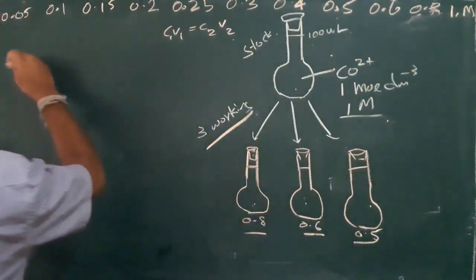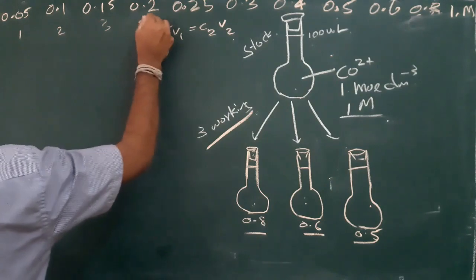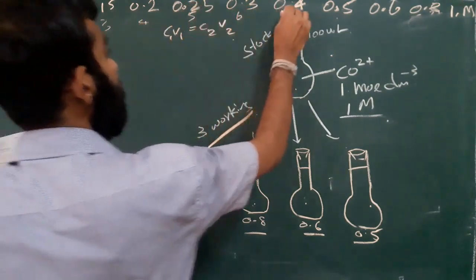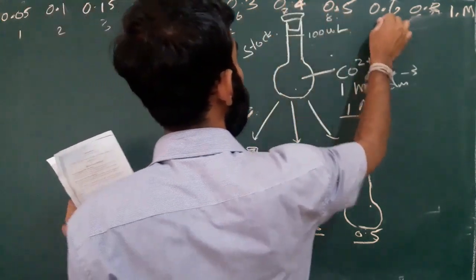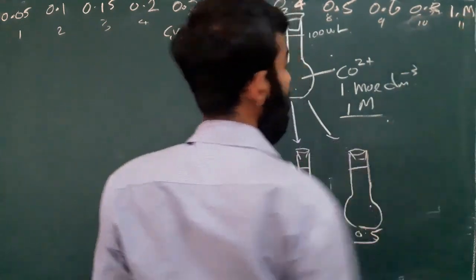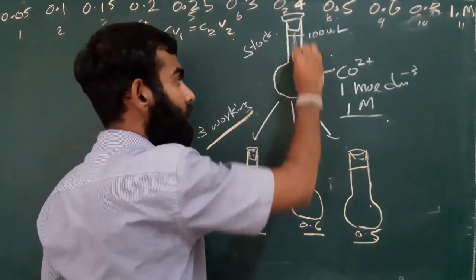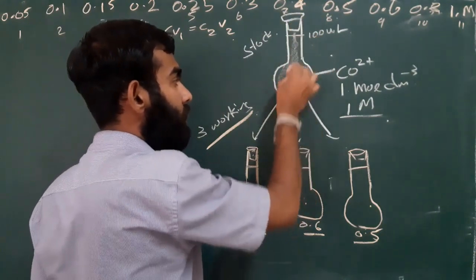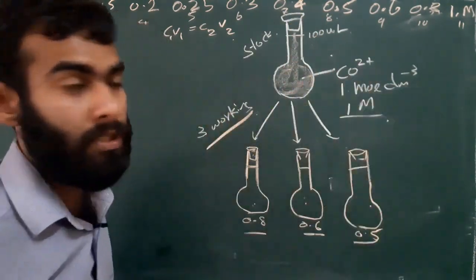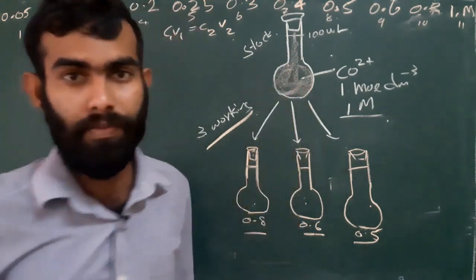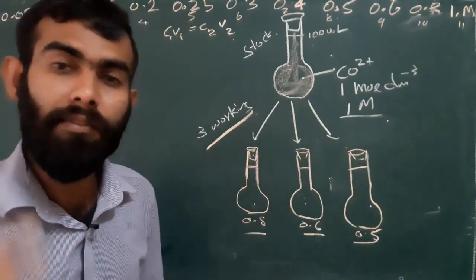So we get 1, 2, 3, 4, 5, 6, 7, 8, 9, 10 and 11. We have 11 solutions, prepared from this stock solution including the stock solution itself. That's the first objective.